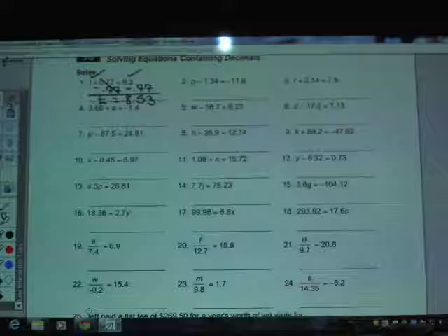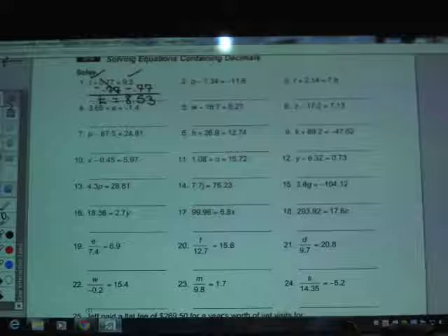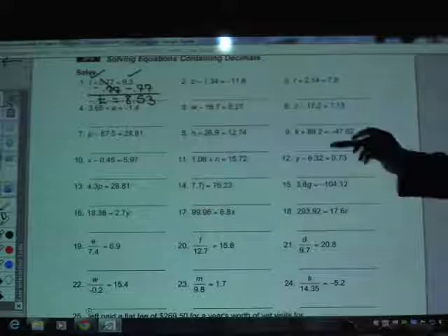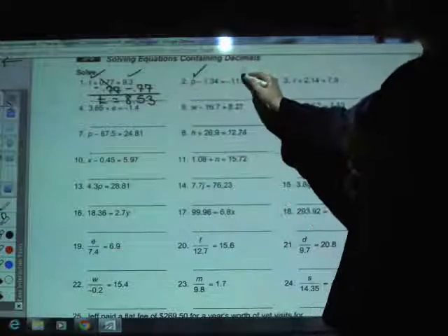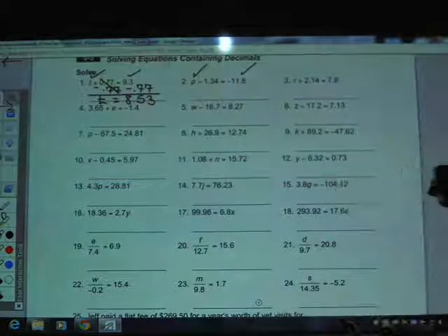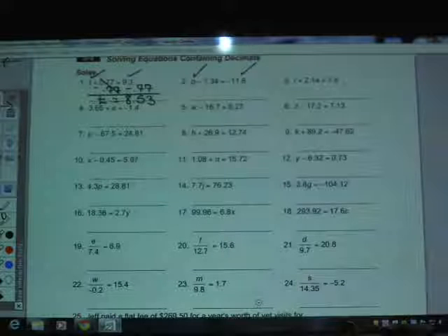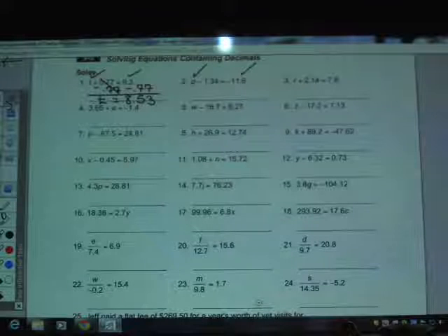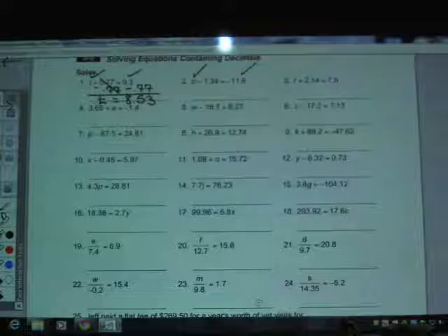Number 2, p minus 1.34 equals negative 11.8. So variable p on the left and negative 11.8 on the right. The one thing we don't like is that 1.34. That's what I'm going to have to move to the opposite side. So I'm going to move the 1.34 by adding. Why? Because doing the opposite would mean adding here.